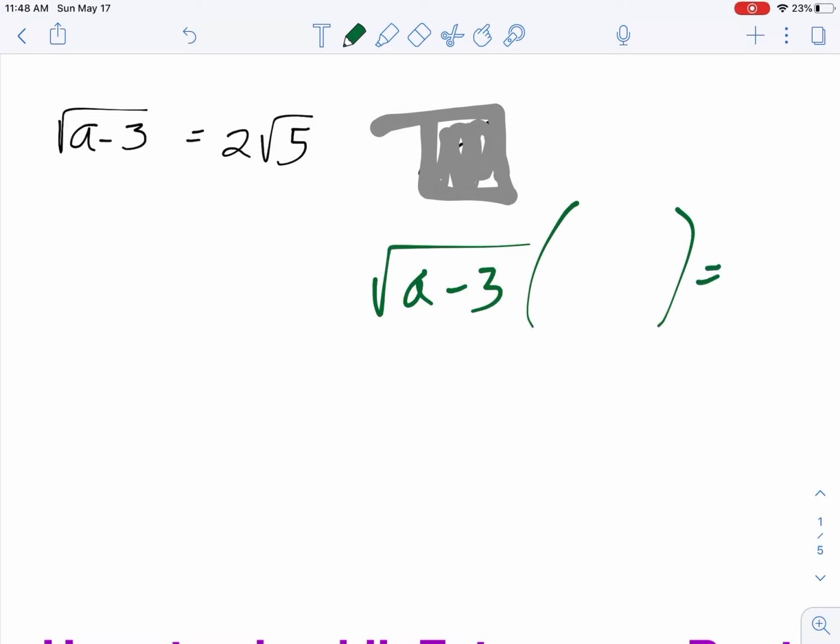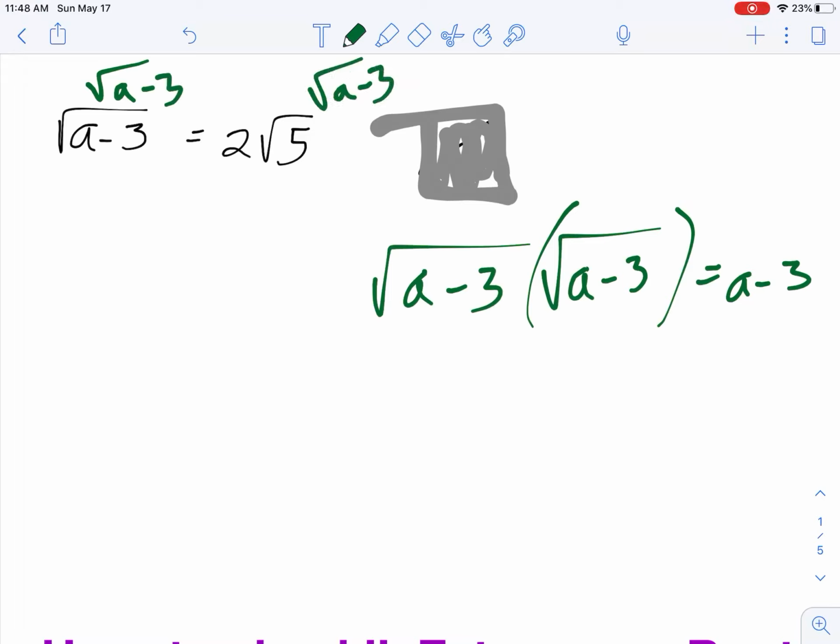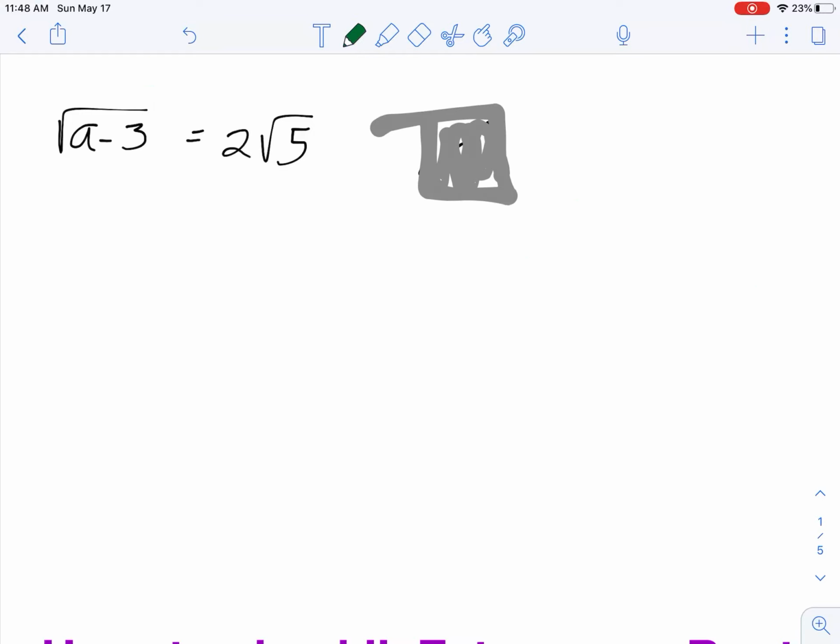What would I have to multiply it by so the a minus 3 just pops out? Well, I'd have to multiply it by the square root of a minus 3. But if I do that to this side, then I'd have to do it to this side, and now I'm going to have a problem over here, because the square root of a minus 3 is right over there. So you might be thinking, could we just square both sides?